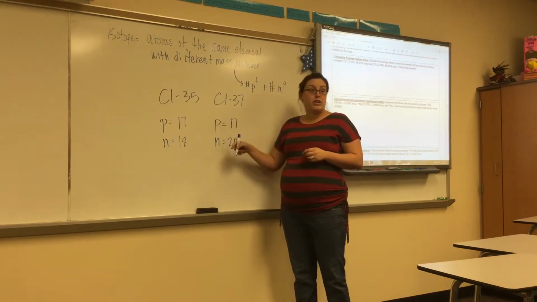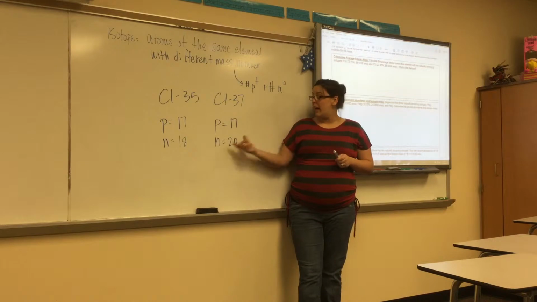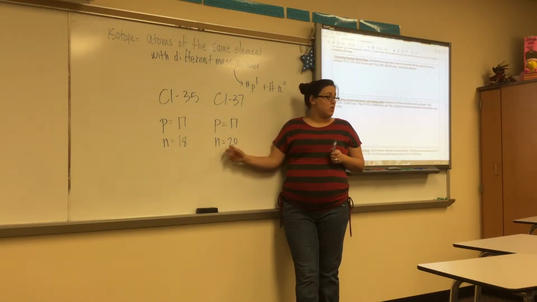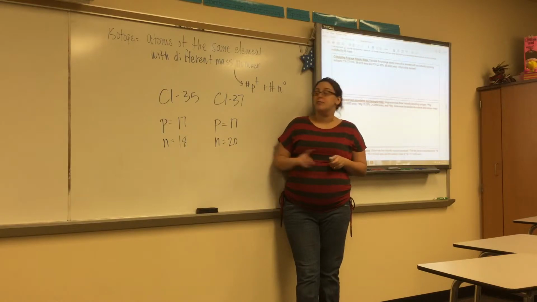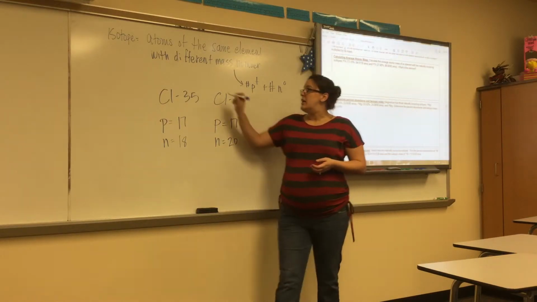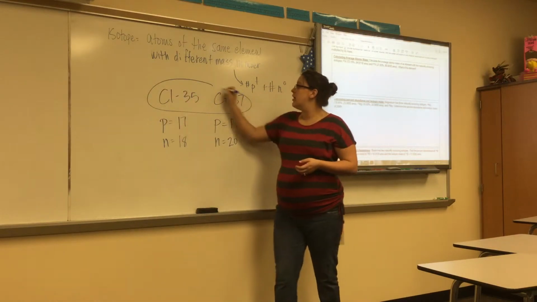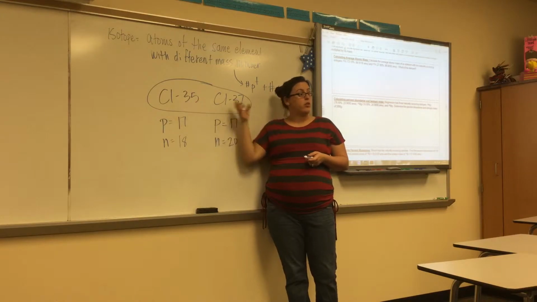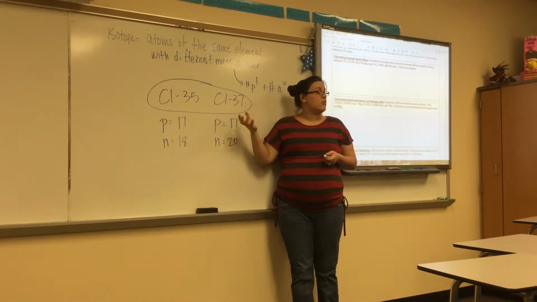Is it still chlorine? Yes, but even though these are neutrally charged, the mass is the only thing that's changing here. Now, when you get an element of chlorine, it's going to be a sample that includes both chlorine-35 atoms and chlorine-37 atoms. That's where we get isotopes.